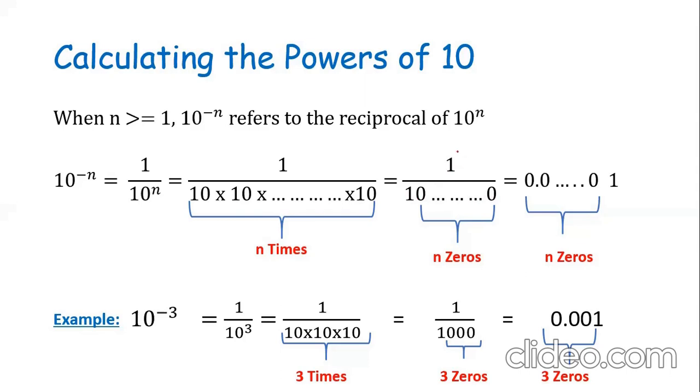So here we can write this fraction, 1 over 1 and a number of zeros equal to n, as 0 point, a number of zeros, and then 1. And the total number of zeros here must be equal to n, which is the same as the number of zeros here. So this is how we can express this fraction as a decimal.